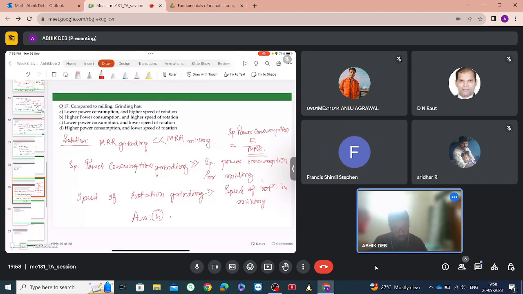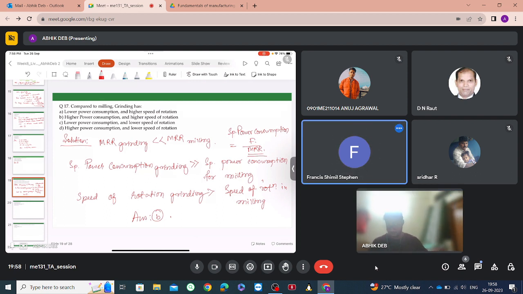But since the material removal is higher for milling, we need to apply more force, isn't it? So the power consumption should be more for milling instead of grinding. See, we are doing the milling operation with a tool something like this.